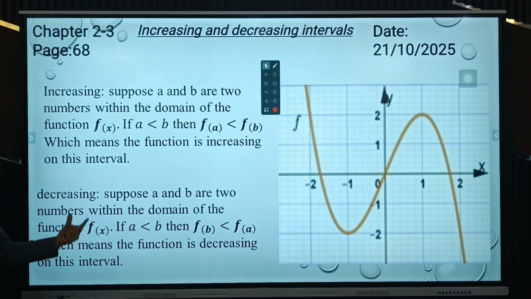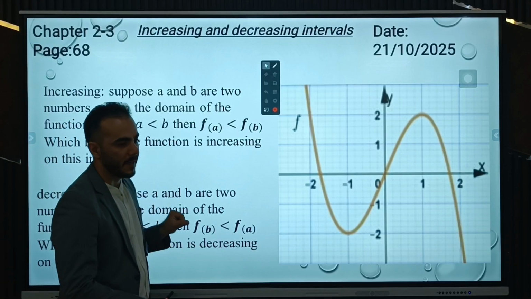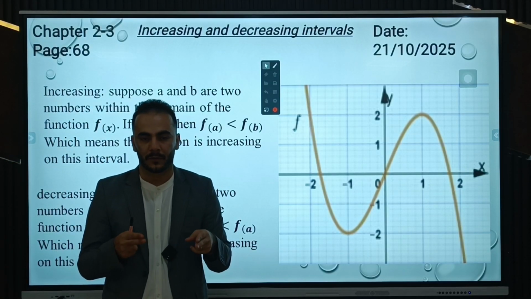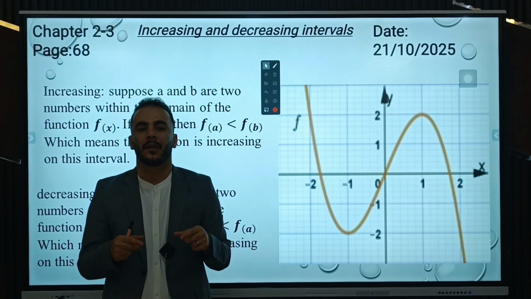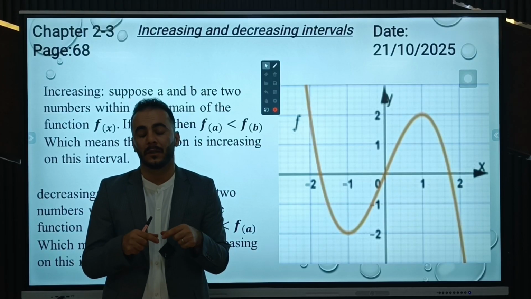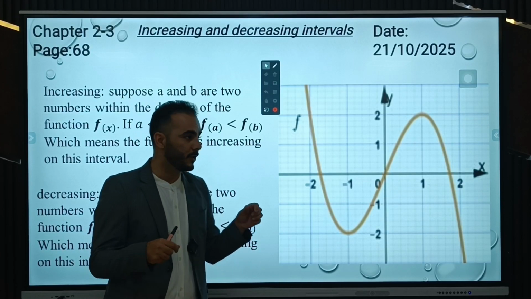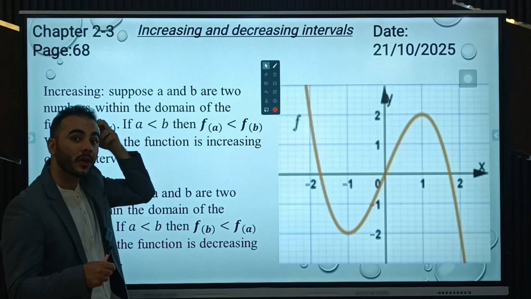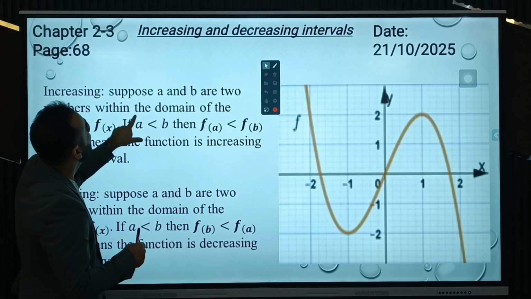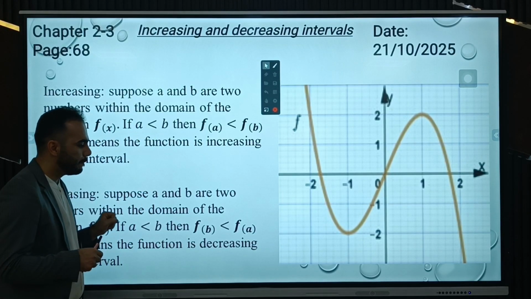Okay, so let's just say it again. If we take two numbers within the domain of a function, just like a and b, these a and b are going to be numbers. In both cases, increasing and decreasing, b is always greater than a.